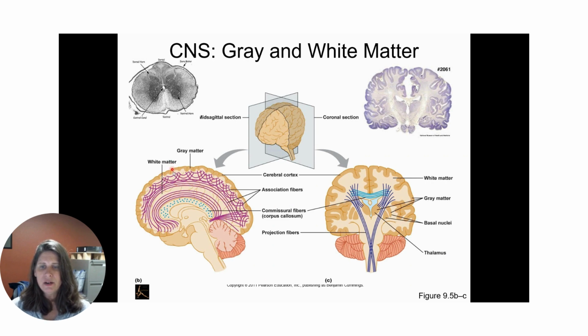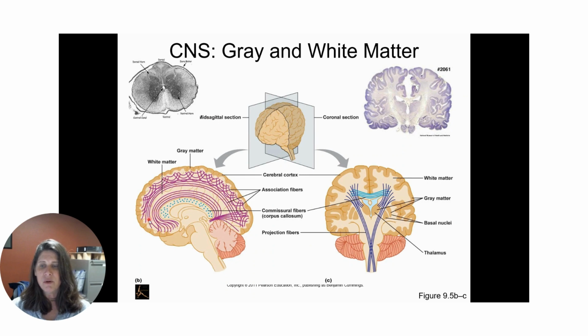Okay, and then here you can see what we call association fibers. These are just interneurons within the brain, synapsing with adjacent neurons or neurons in adjacent portions of the brain. So you might have a neuron from one gyrus stimulating a neuron in another gyrus.